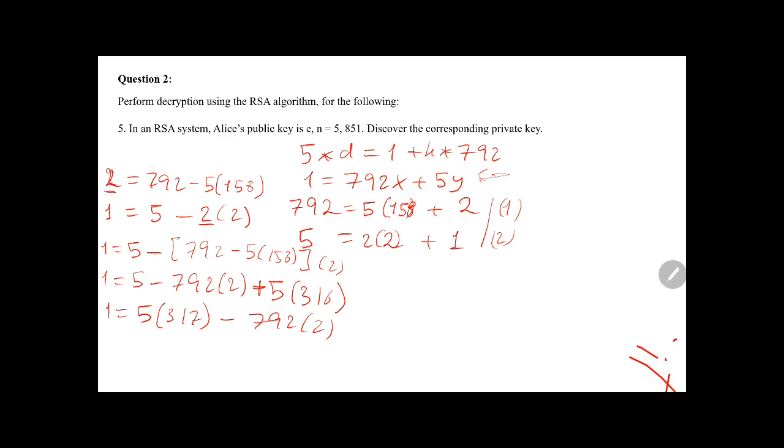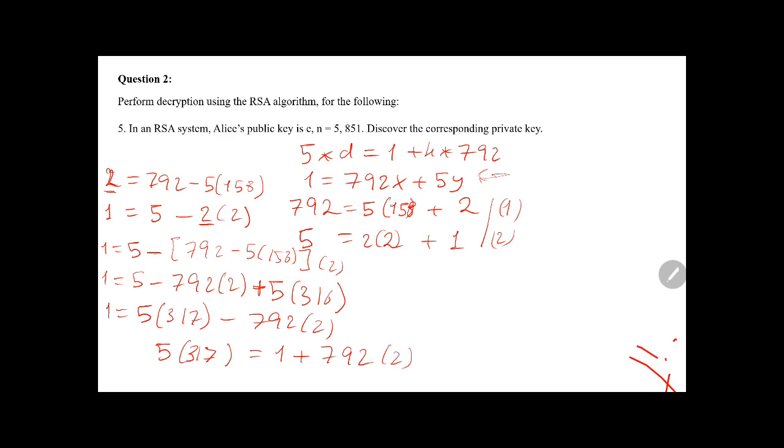So now that we are done with combining like terms, we try to rewrite this equation to make it similar to this one. So basically it will be 5 multiplied by 317 equal to 1 plus 792 multiplied by 2.